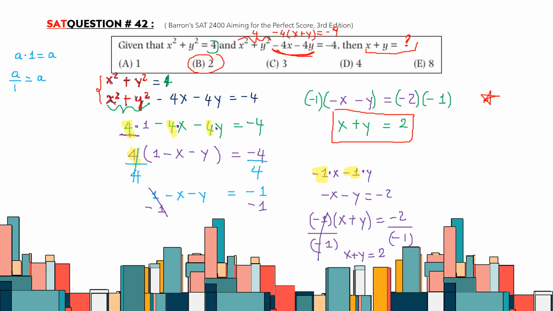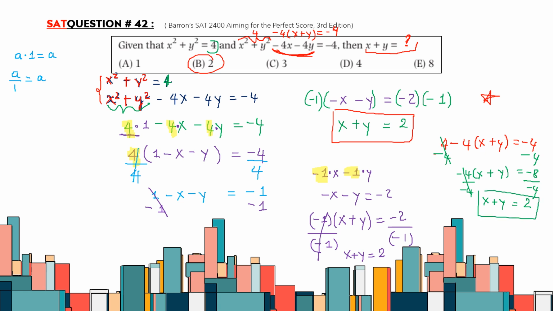But they will give you the same answer. So 4 minus 4 times x plus y equals negative 4. If I subtract 4 from both sides, I cancel that one. I have negative 4 times x plus y equal negative 8. Then I divide both sides by negative 4. This one cancels, and you are left with x plus y equal 2. Still the same answer.